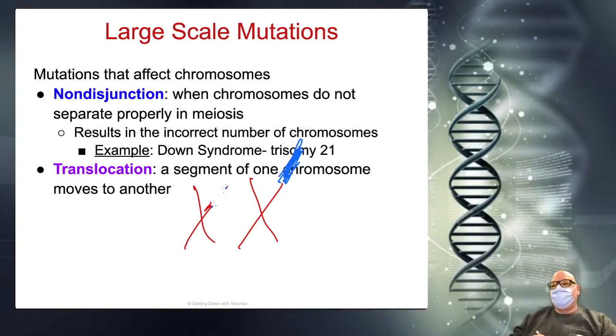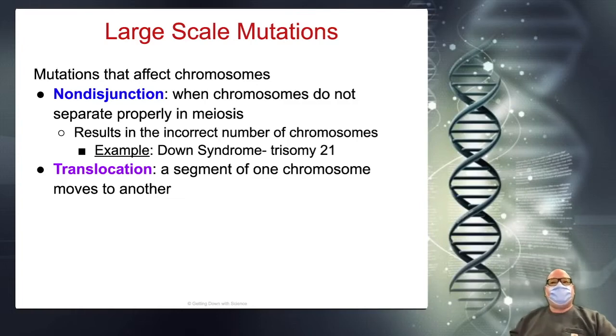So you might have something like that. These are usually fatal to the offspring. So in most cases these babies will miscarry, or the cells can't even undergo fertilization.